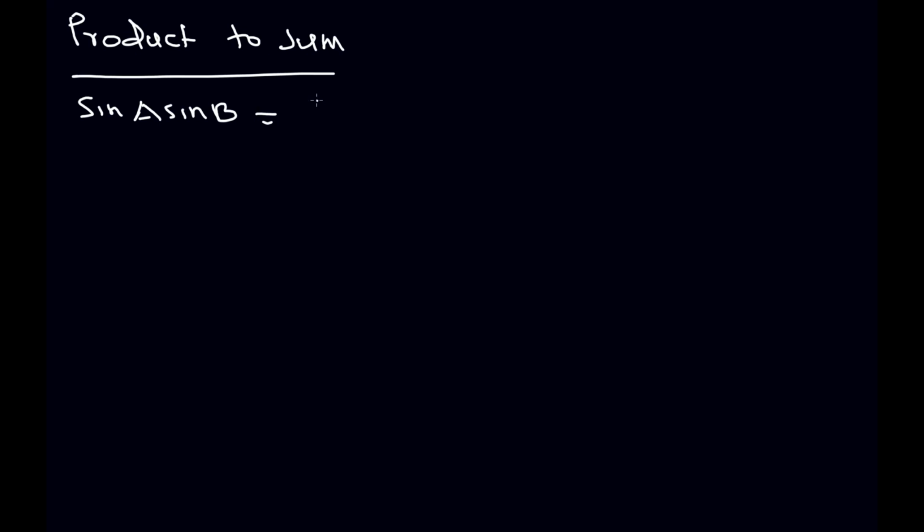Right, so we'll have half, and then we have cos of alpha minus beta. Then we take away cos of alpha plus beta.